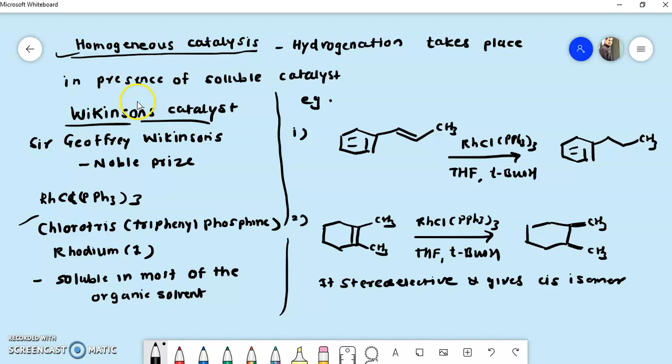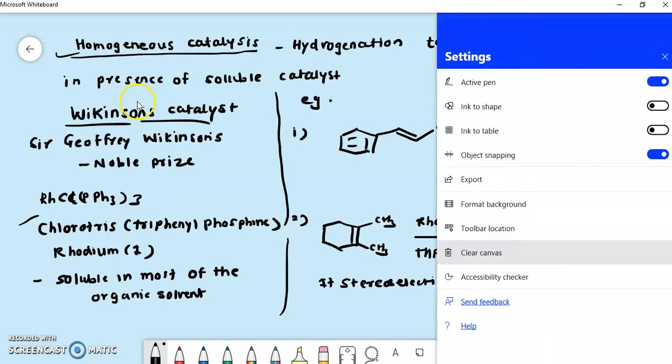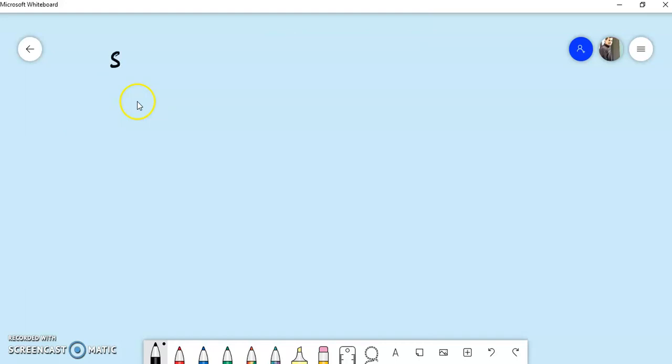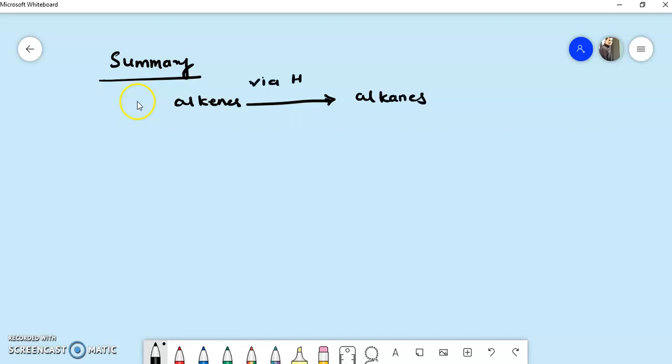So this is all about the hydrogenation of alkenes by using heterogeneous catalysis as well as homogeneous catalysis. So finally, in summary, what we have seen is that alkenes can be converted into alkanes via hydrogenation, that is a reduction reaction.